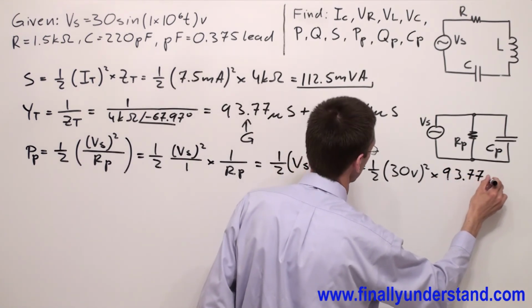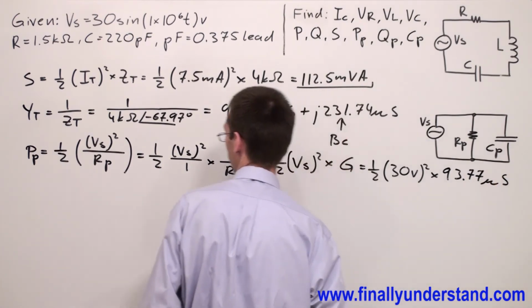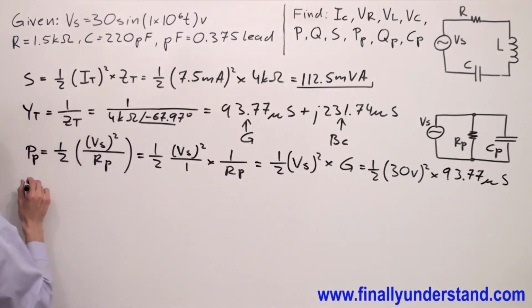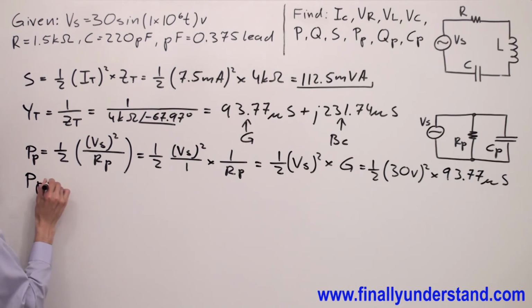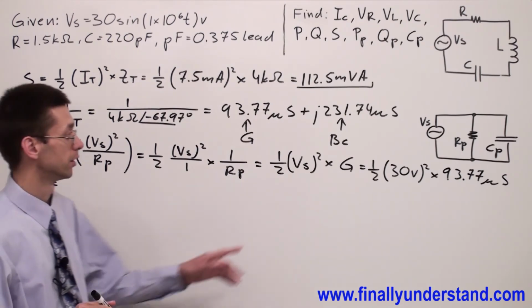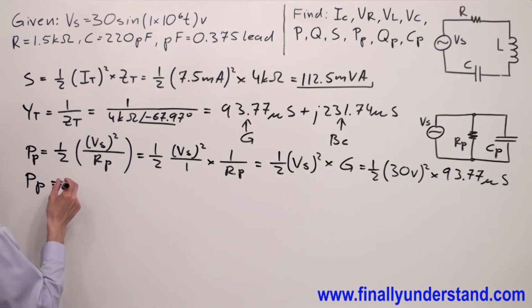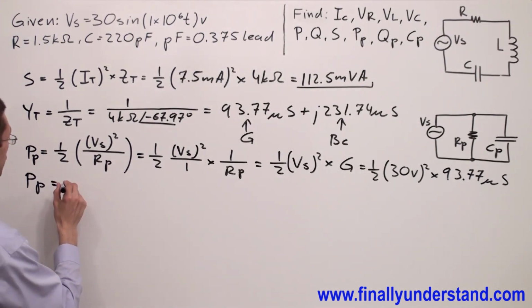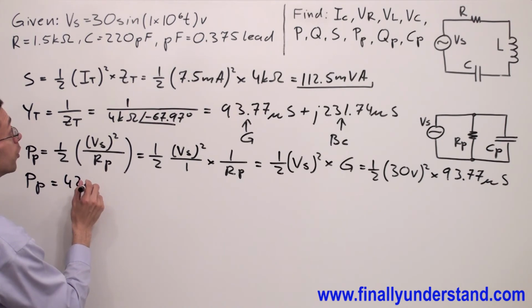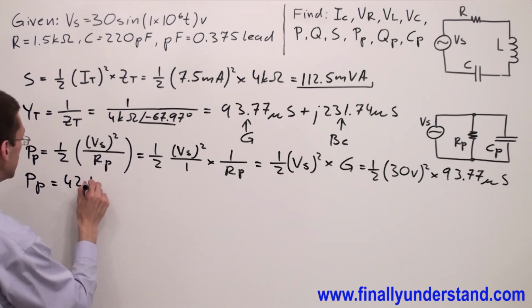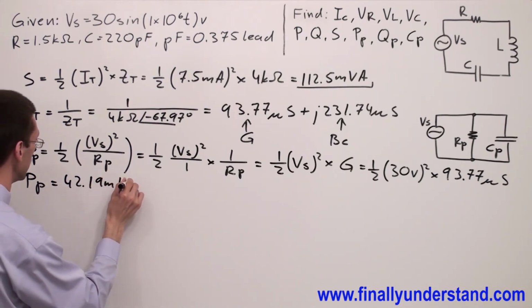So this is equal to 1/2 times voltage source, which is 30 volts, raised to the second power times conductance 93.77 microsiemens. So true power in my parallel equivalent circuit is equal to 42.19 milliwatts.